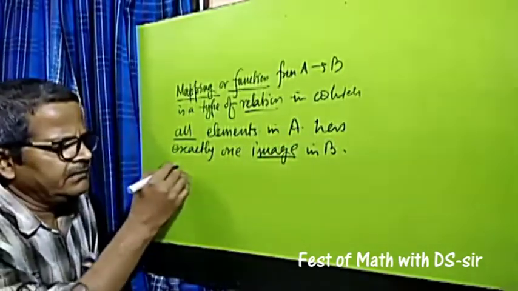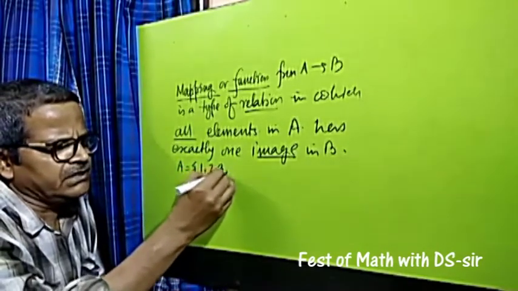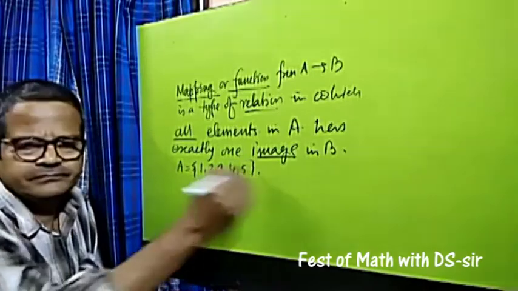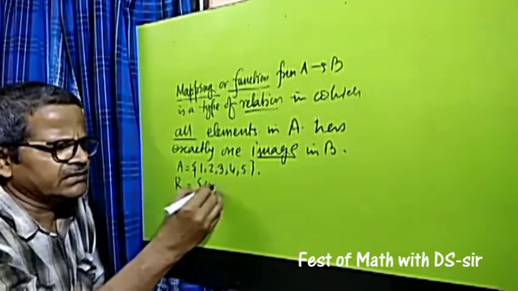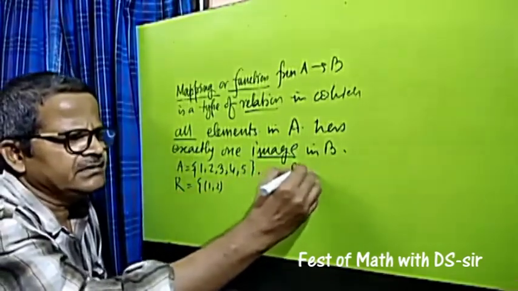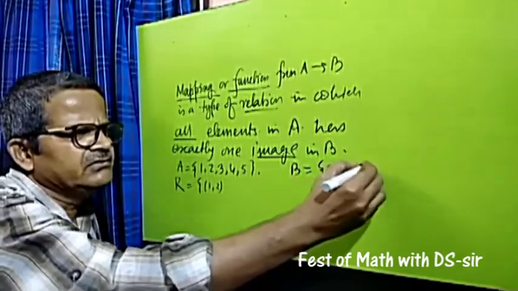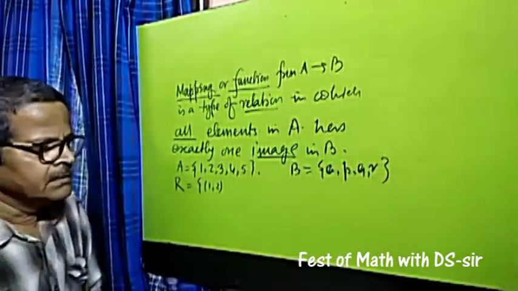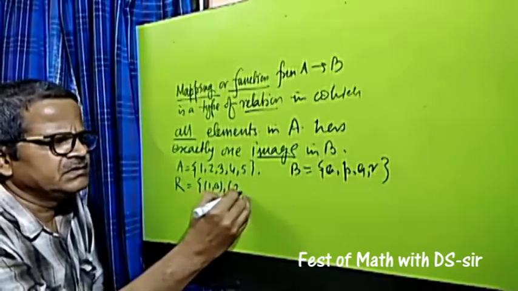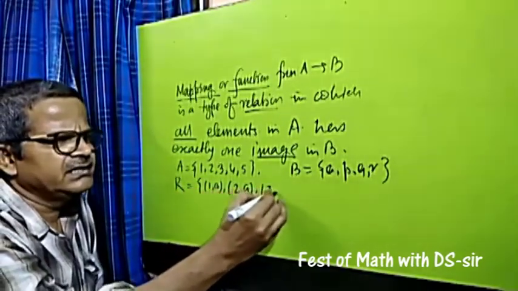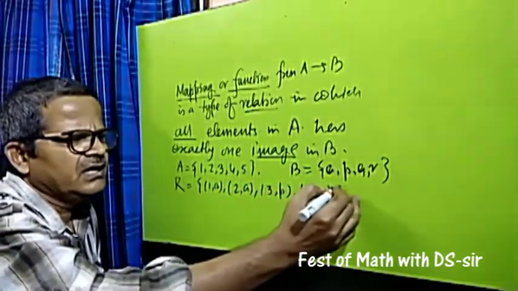For example, say A is 1, 2, 3, 4, 5. Now see, R is a relation which has 1, 2 and B. B let us say a, p, q, r. Now see, we consider (1, a), (2, a), (3, p), (4, q).